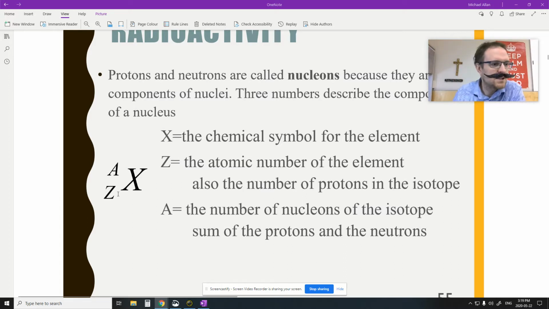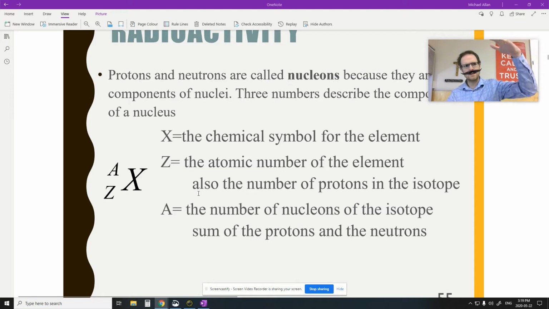Oh, sorry. The bottom number, the atomic number, Z here, is going to match the atomic symbol, the chemical symbol, right? They're not going to change. So if this is calcium, this bottom number will always be 20. If this is helium, the bottom number will always be 2. If this is silicon, the bottom number will always be 14. So those always match each other.